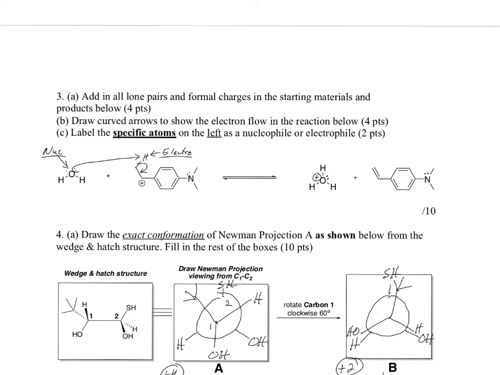So you add in all the lone pairs, 1 there, 1 there, plus charge there, and 1 lone pair there. Fill in and add your charges. Then you want to draw curved arrows to show the electron flow in the reaction below. So those are mechanism arrows again. If you see this OH, you need to make an OH bond. And it looks like you need to make a pi bond as well.